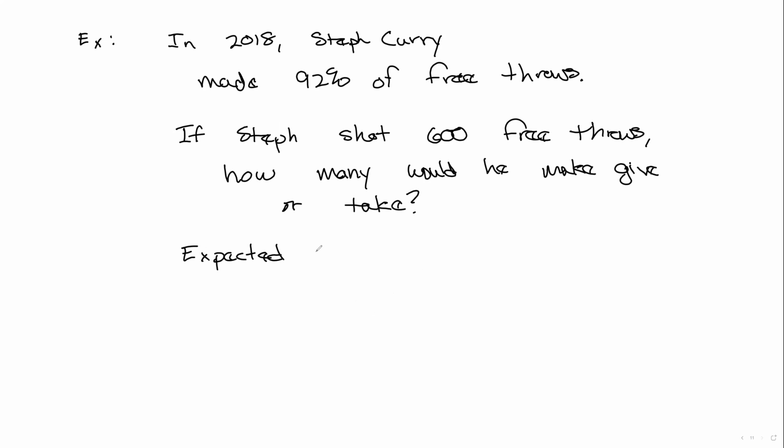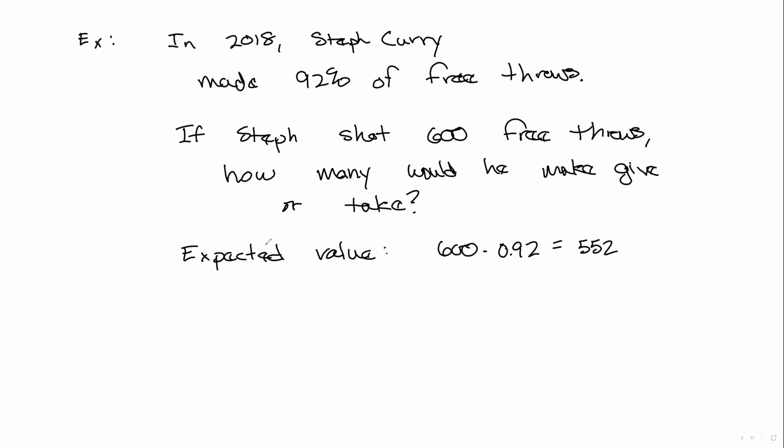So the expected value, the number you would guess he would make if you had to guess a single value, is the number of times he shot a free throw multiplied by his chance of making a single free throw. So you get 600 times 0.92, which is 552.